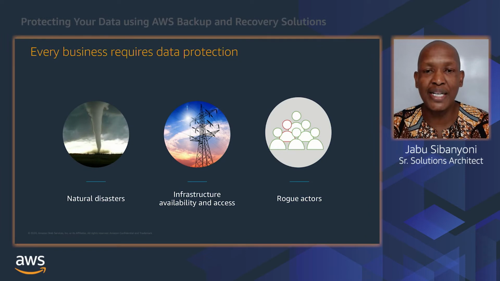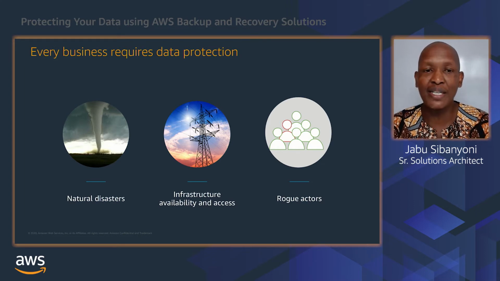So the objectives of the session today: I'm going to take you through AWS Backup Solutions, then take you through AWS Storage Services. And finally, I'm going to take you through disaster recovery on AWS. When looking at protecting your data against ransomware, it's not a matter of if, but when the organization will be attacked by ransomware.